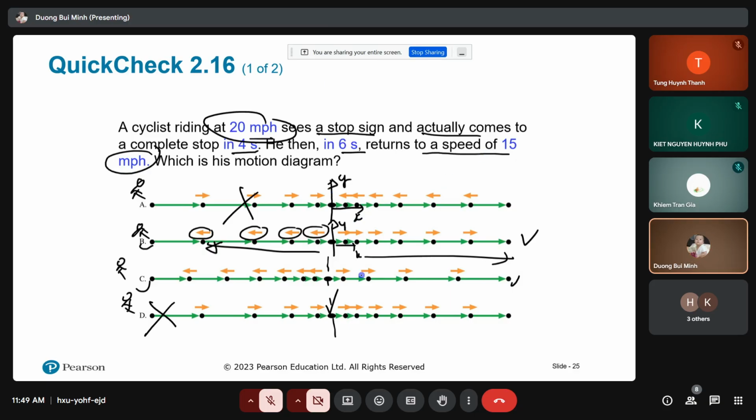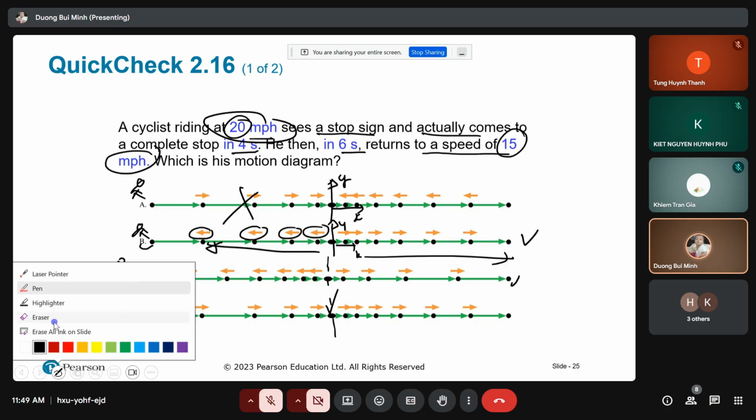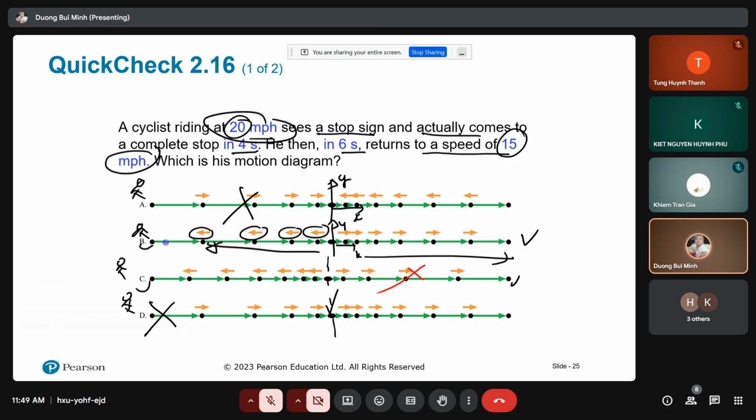That means after some time the speed will increase gradually. But this one is 20, and this one is 15, smaller than this. So you can delete this one, and the answer will be B.